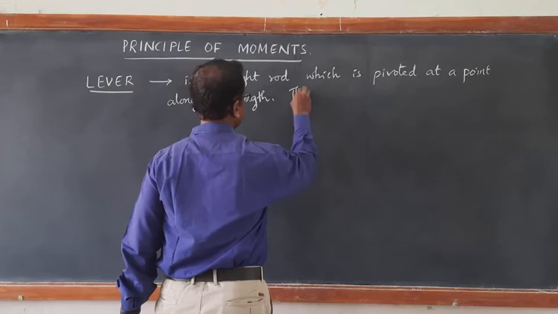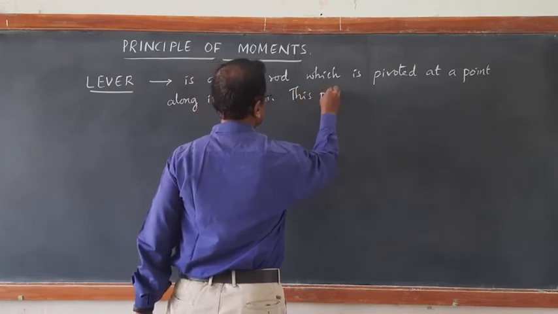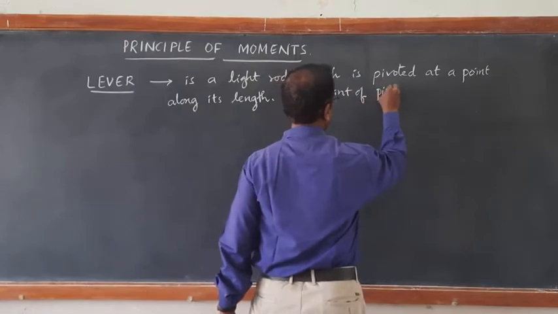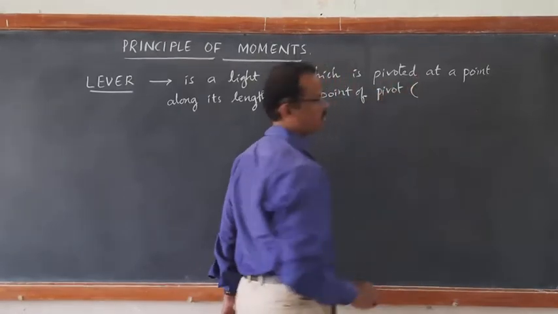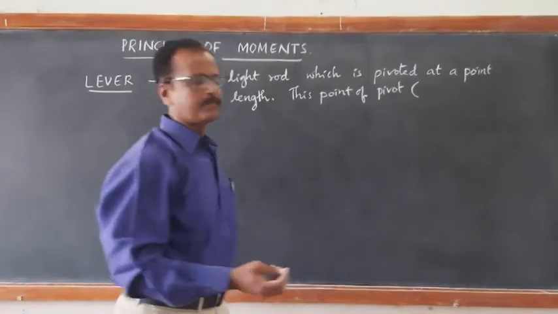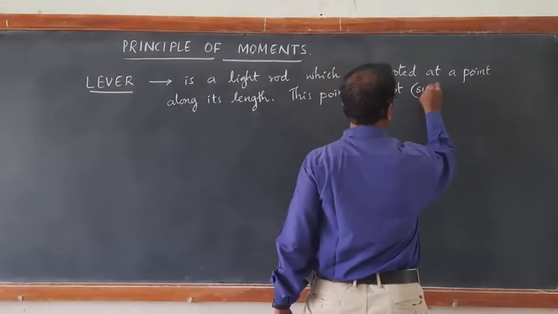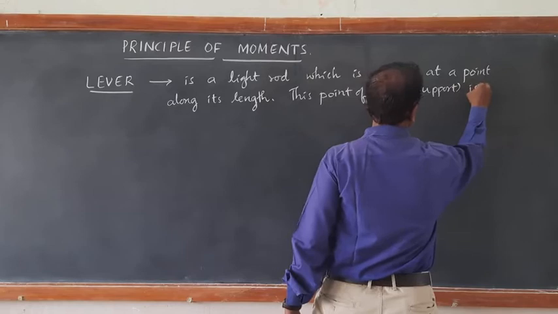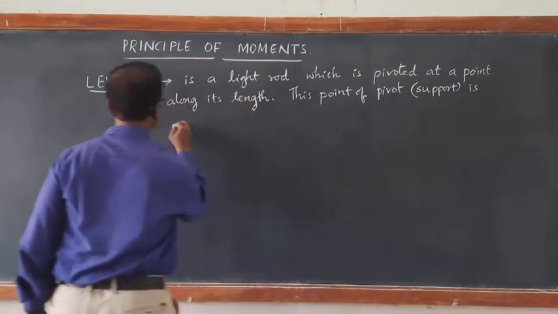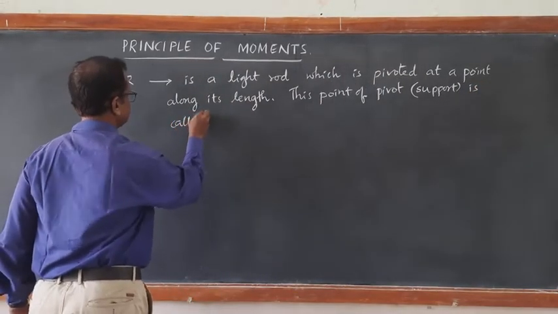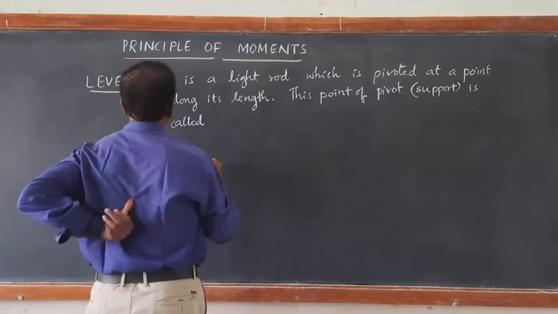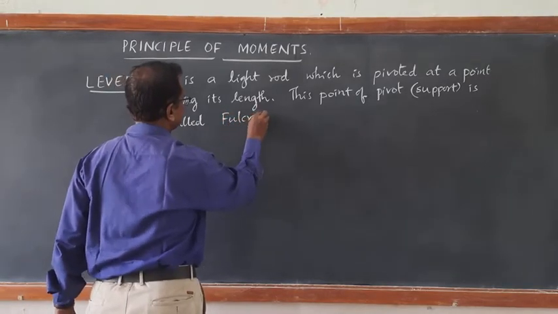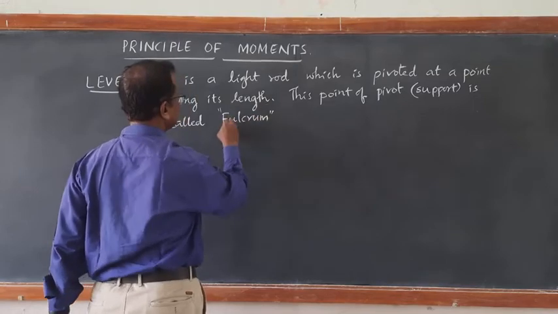This point of pivot, or what we call point of support, is called fulcrum. It is called fulcrum, denoted by F.